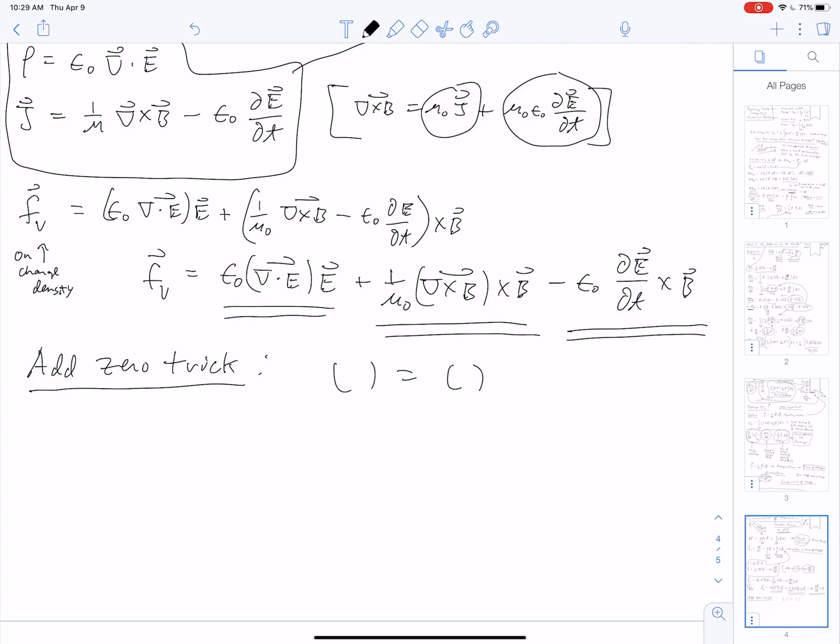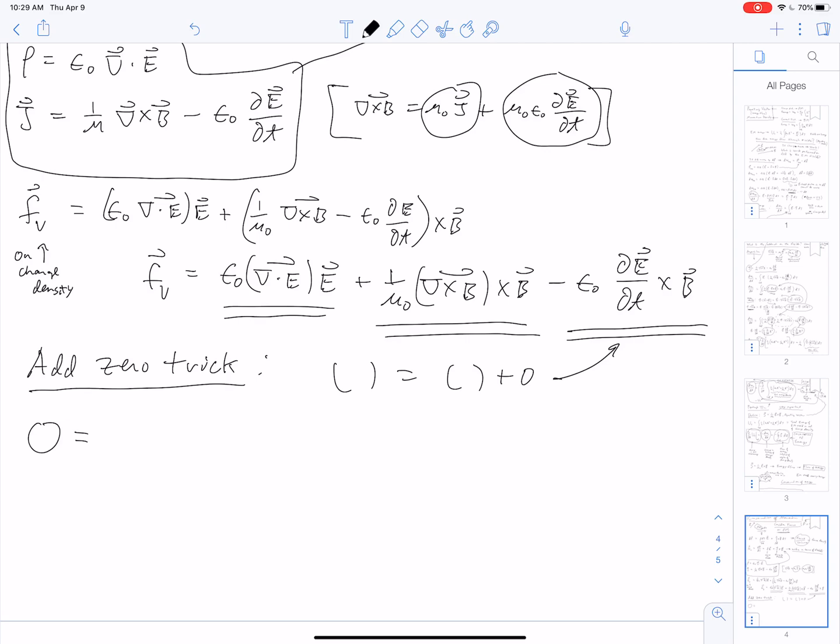Something equals something plus zero. That's also true. I'm sure you've all seen it somewhere before. So I'm going to add zero to this right hand side, but it's not just any zero. I'm going to add a really weird zero.